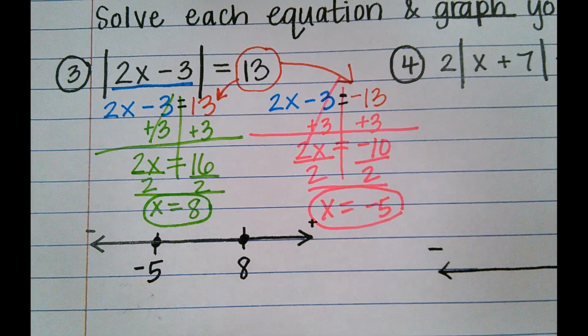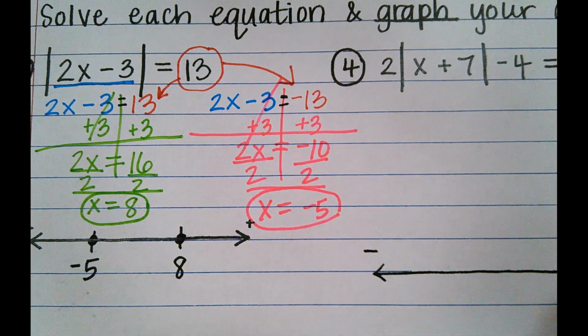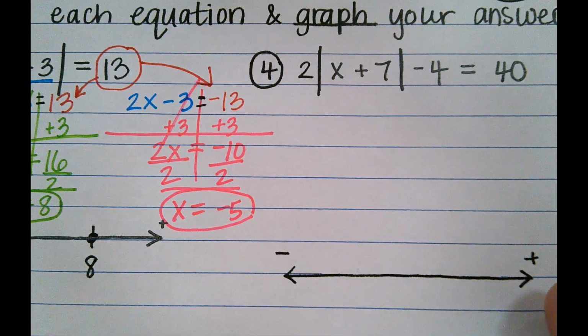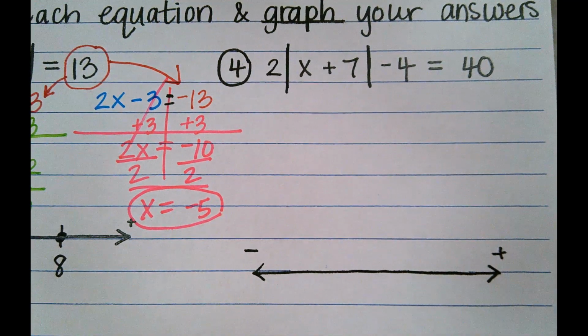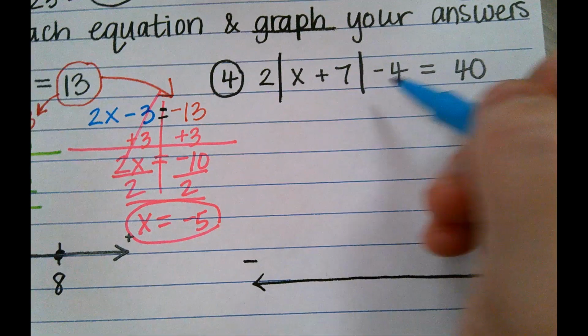Okay. Let's look at our last one, number 4. Now I have a new equation. I've got 2 outside of the absolute value of x plus 7. And then on the outside I have negative 4 equals 40. What do I need to do first? You need to add 4 to both sides. Yes, we need to get this 4 out of the way.